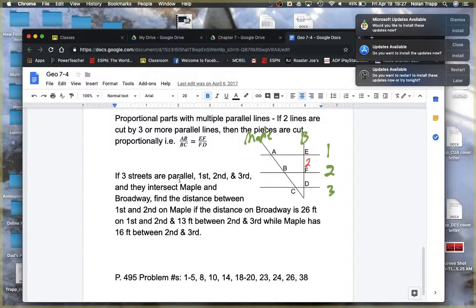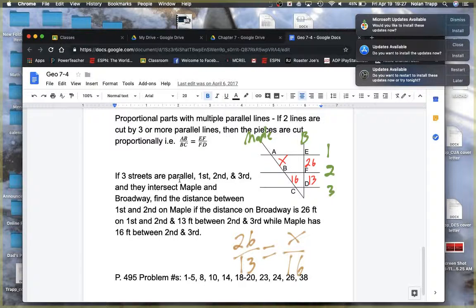So, this will be 26. And 13 feet between second and third, so that's 13. While Maple has 16 feet between second and third. So we can kind of see how we're setting this up. We have 26 over 13, and then x over 16.